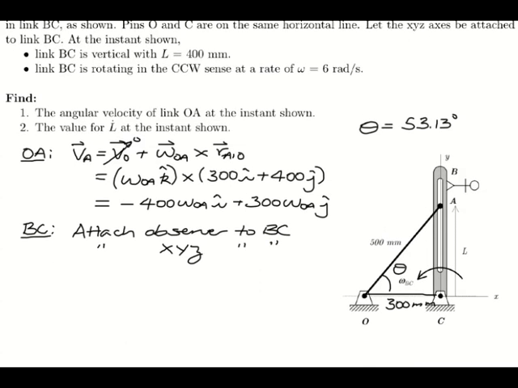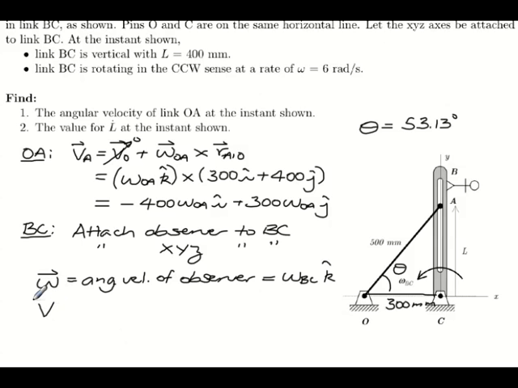So with that said, the omega, which is always equal to the angular velocity of the observer, and in this case, since the observer is attached to link BC, it's going to be omega BC K.